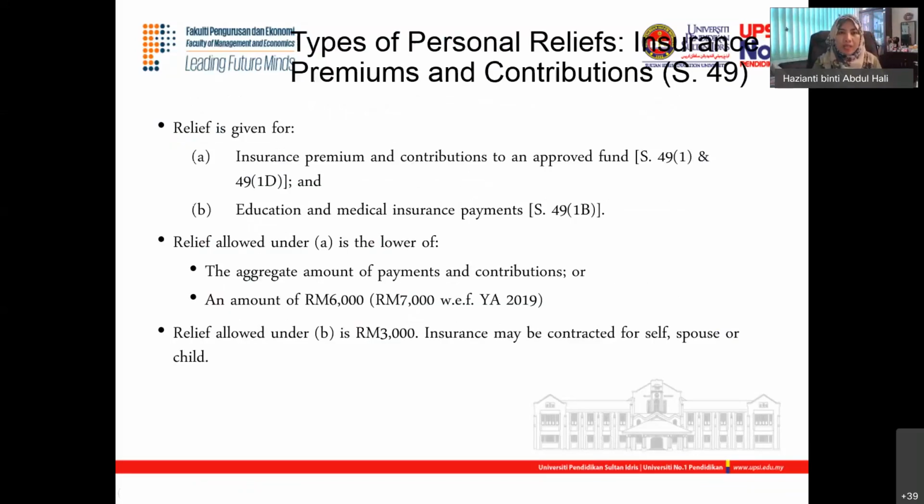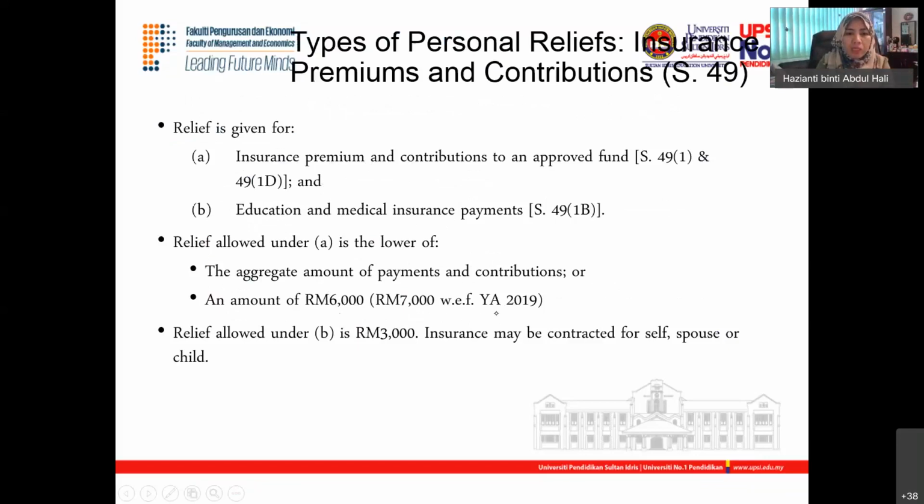Next one, 49 is premium insurance and contributions. Okay, ini termasuklah education and medical insurance payment. Okay, ni so for year assessment sebelum 2019, amount dia adalah 6,000. It can be combined, EPF plus life insurance.